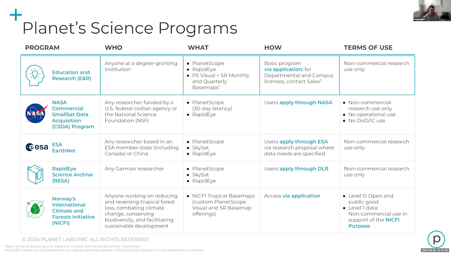And so this is to help research deforestation and help make a positive impact from that angle. But these are all the different science programs that are active that folks might be interested in accessing data through.